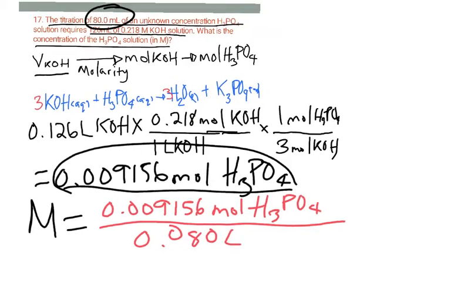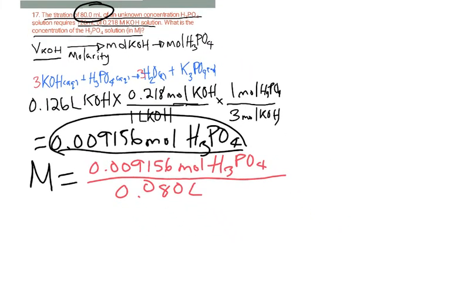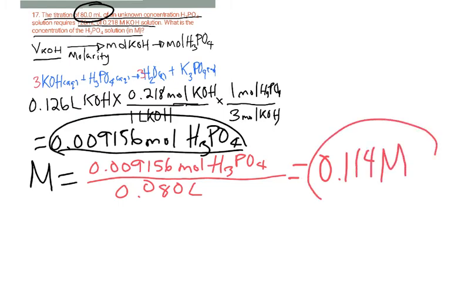Right, so you put that in your calculator and you should get 0.114 molar. So the concentration of the unknown phosphoric acid solution is 0.114 molar.